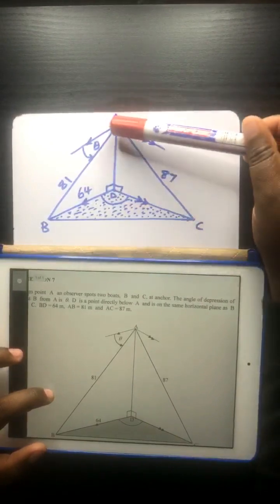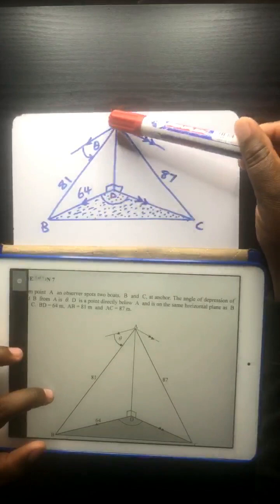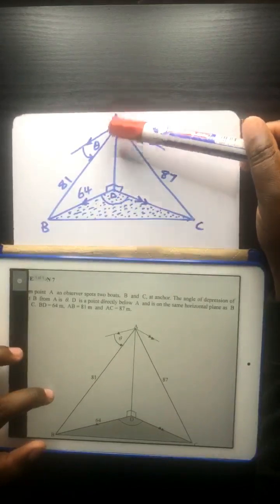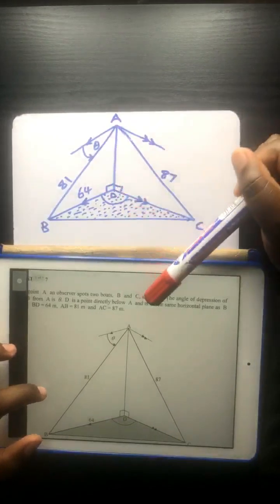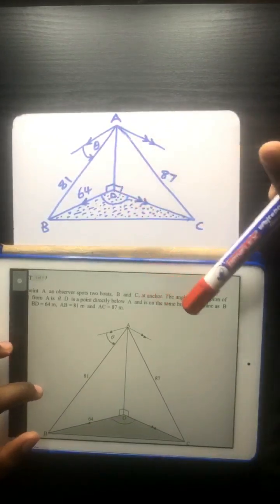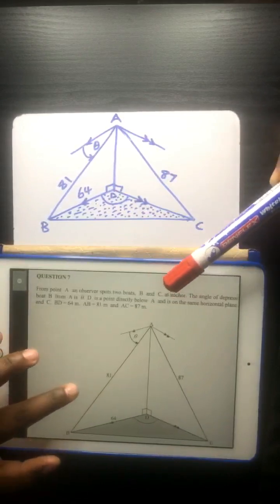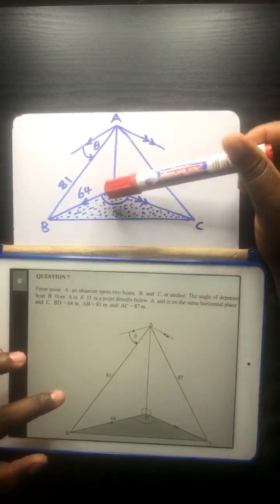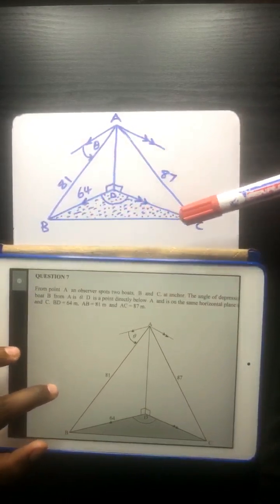So that means this is a vertical straight line, where D is directly below A, and on the same horizontal plane as B and C. So D, B, and C are actually on the same horizontal plane.